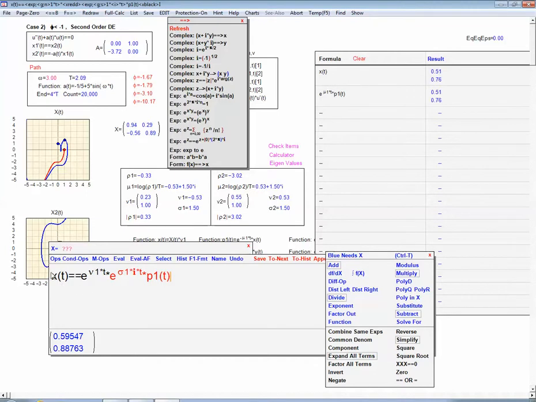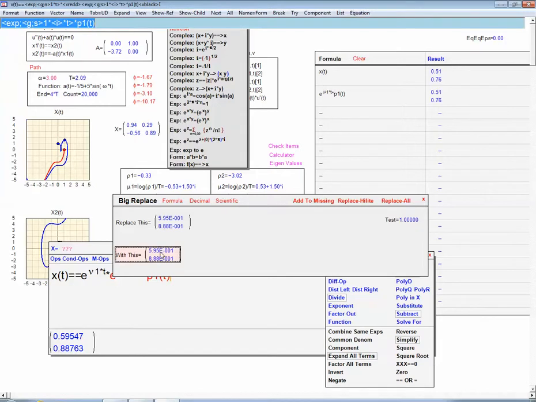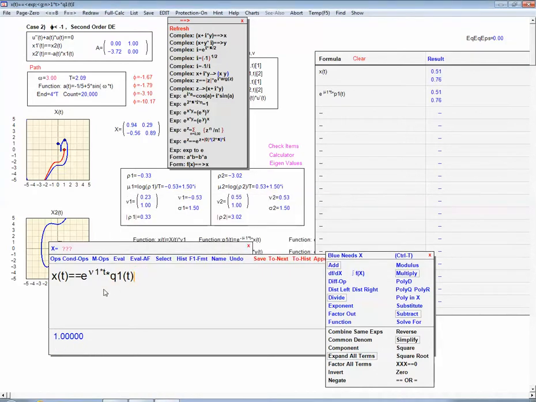Well, remember, x of t is real, and this piece here we just saw is real, so the remaining piece has to be real. So let's substitute for that what we defined to be q1 of t. That is q1 of t. Our test says okay, I haven't screwed up anything. So now x of t is the sum of these two things.